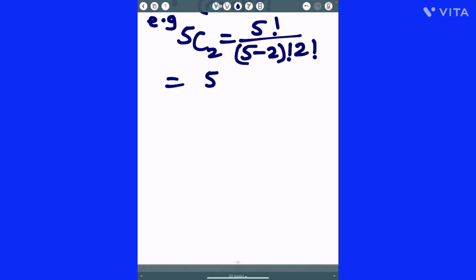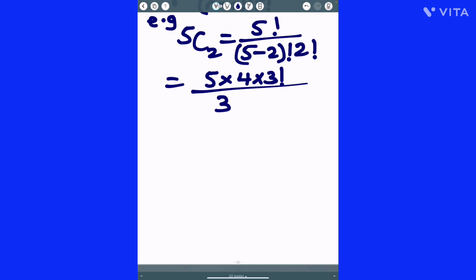So 5 combination 2 will be 5 times 4 times 3 times 2 times 1. But instead of writing 2 times 1, I can represent the rest with factorial. In fact, instead of writing 3 times 2 times 1, I can just stop here and represent the rest with factorial. So a factorial sign here shows that I mean 3 times 2 times 1.